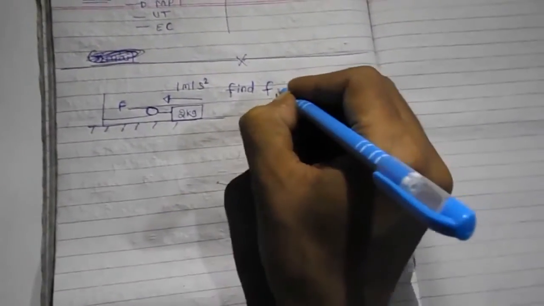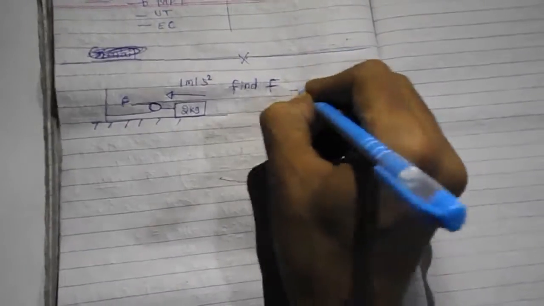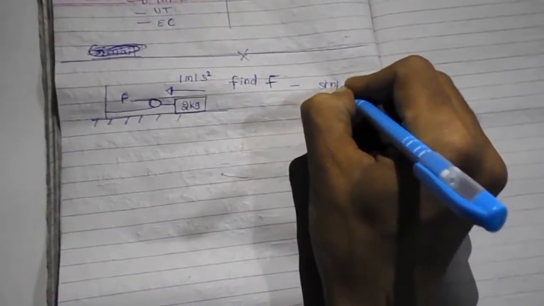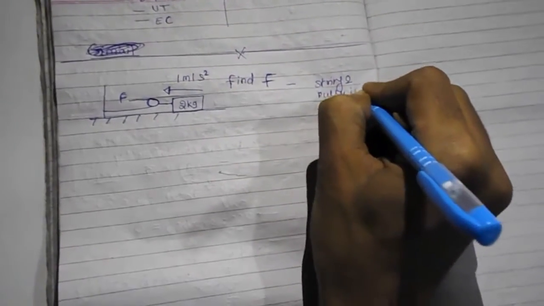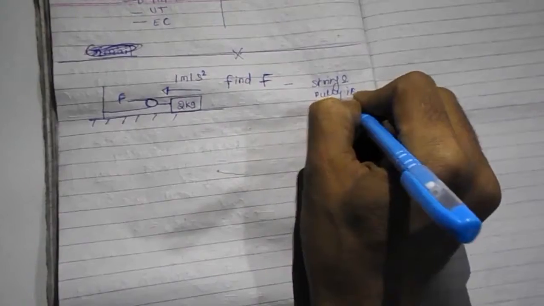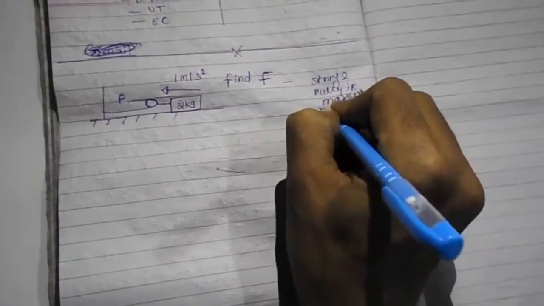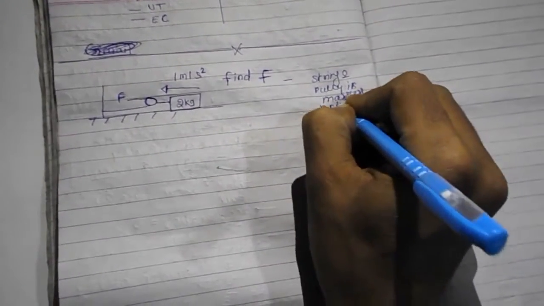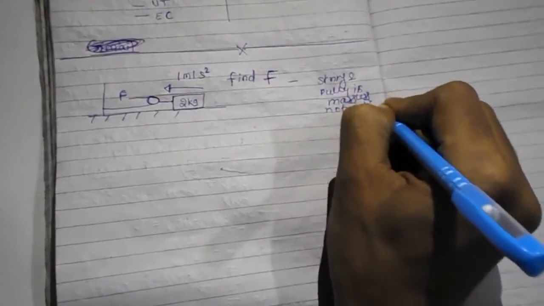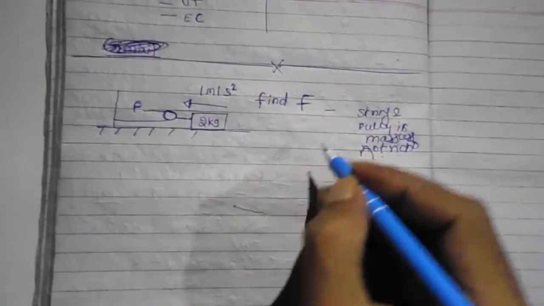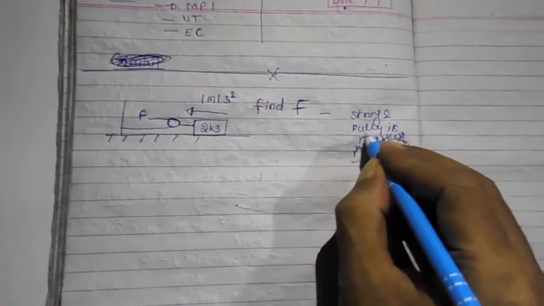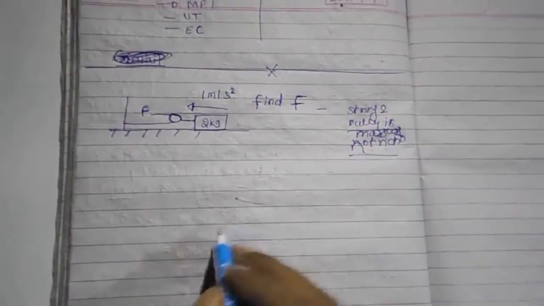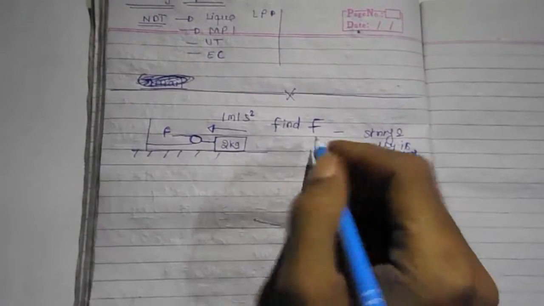The string and pulley are massless, and there is no friction between the surface and the block. You have to find F.